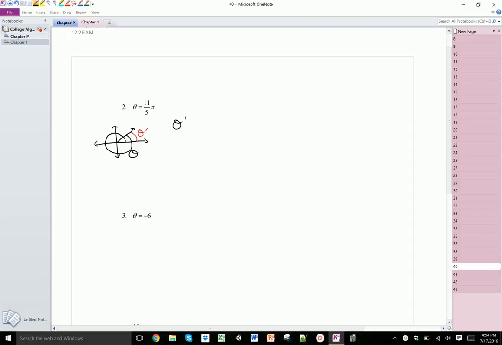So theta prime would equal 11 pi over 5 minus 2 pi. Well, like I said, 2 pi is the same thing as 10 pi over 5. So 11 pi over 5 minus 10 pi over 5 is equal to 1 pi over 5. So that is my reference angle.